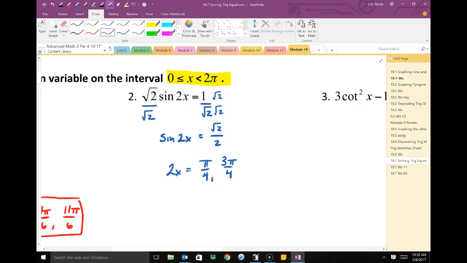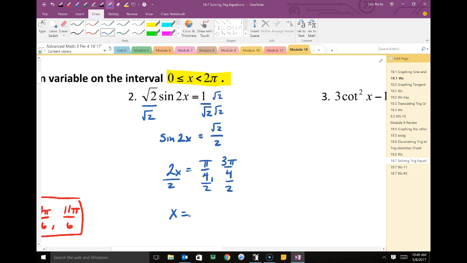There's a 2. Okay, so I don't touch the 2 that is with the sine until after I've gotten rid of the sine piece. Okay, so now if I have 2 times x, how would you get rid of that 2? Divide by 2. So what I'm going to do is divide each of these 2 answers by 2, and that will be the value of my x.